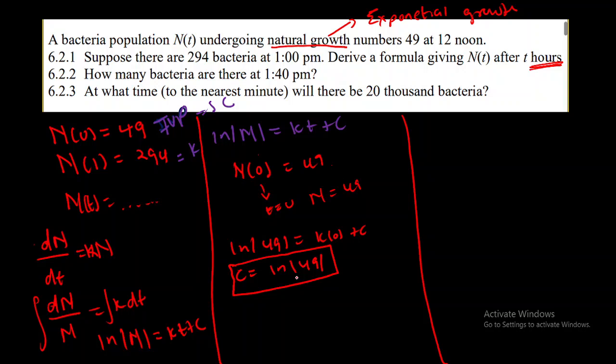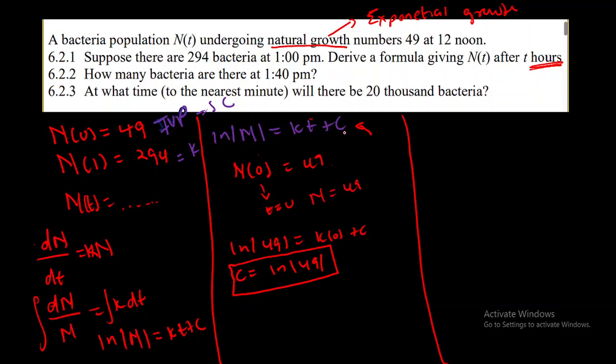Now let's try to get the value of k. How are we going to get the value of k? If we come here and try to get the value of k using this condition, we're going to have two unknowns, because we're going to have 1 as time and 294 as N, but then we're not going to have c.